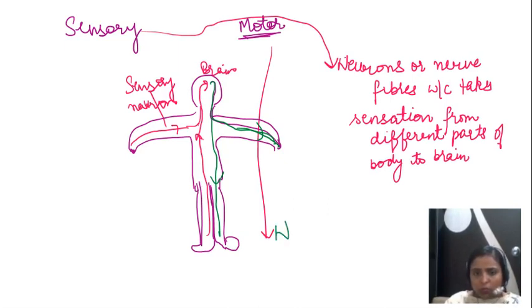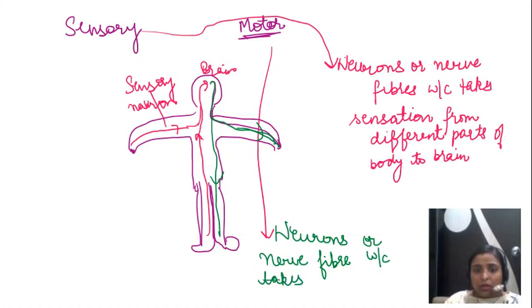Simple. So what would be the definition? You do not have to learn anything. If you understand it, you can write it yourself, right? Neuro is very easy. The neurons or the nerve fibers which take the information, now it's not sensation, because it takes the information from the brain, the message the brain computes and sends to the body, right?